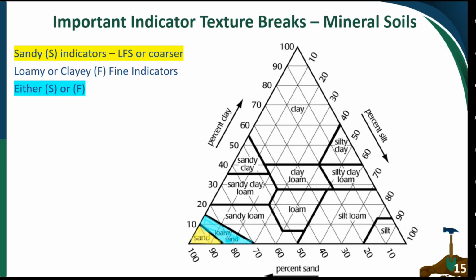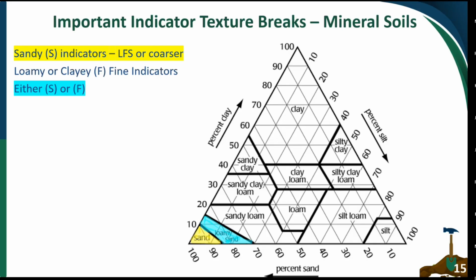Okay, so I want to talk about some important indicator texture breaks on the mineral soil side. So the sandy or S indicators have layers that have a USDA texture of loamy fine sand and coarser.